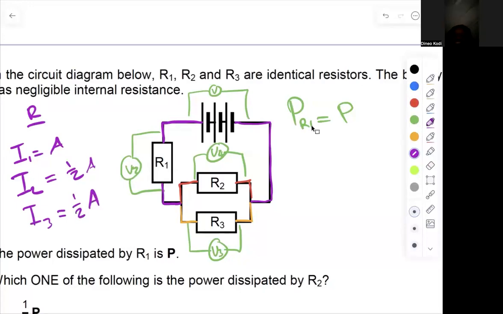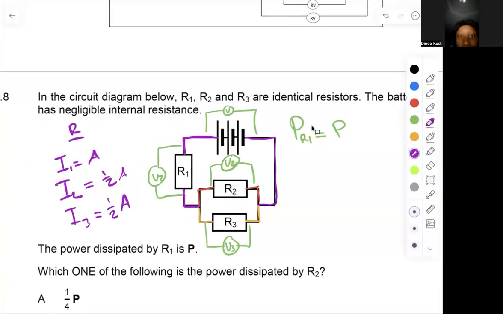So now I've got a measure of my resistance, I've got a measure of my current. So let's look at how we can work this out. The power dissipated by R1 is P. Which of the following is the power dissipated by R2? So let's go and work that out.